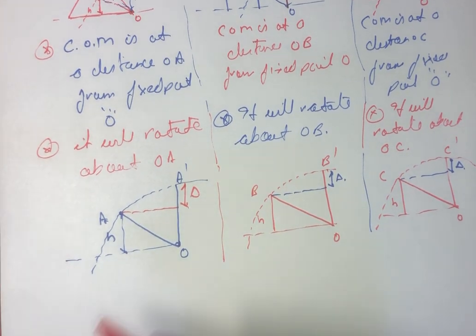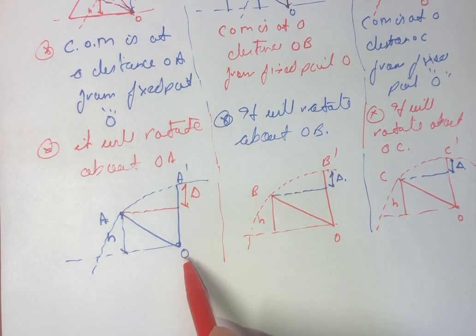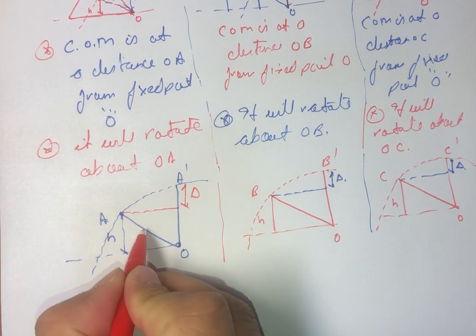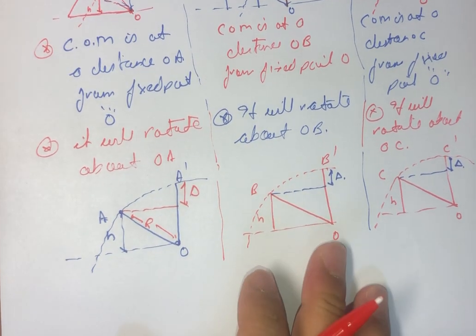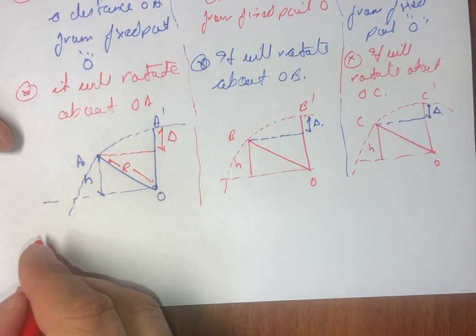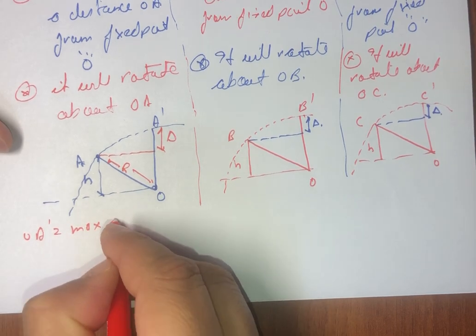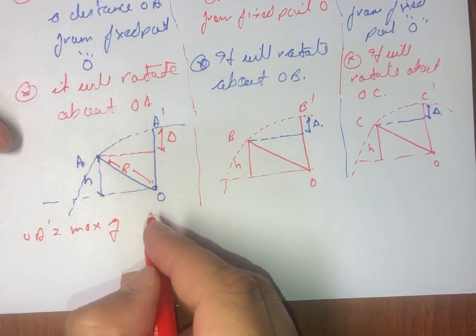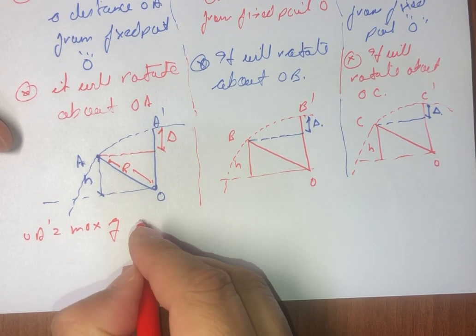Now we can say, as a circle is formed, so let us say that OA is R, that is the radius of the circle. Okay, we can say that OA prime is the maximum height of center of mass.